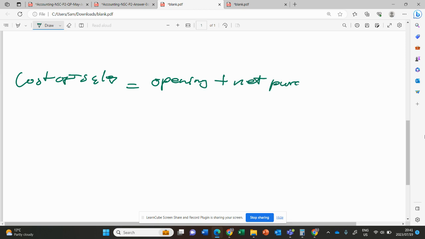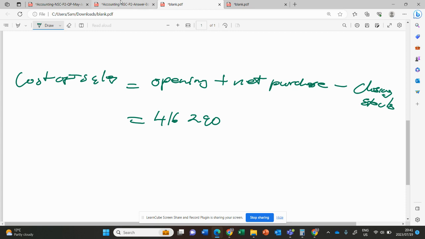Cost of sales will be opening plus net purchases less closing stock. Opening is 416,290, if I can remember. Then the net purchases is the purchases minus returns.